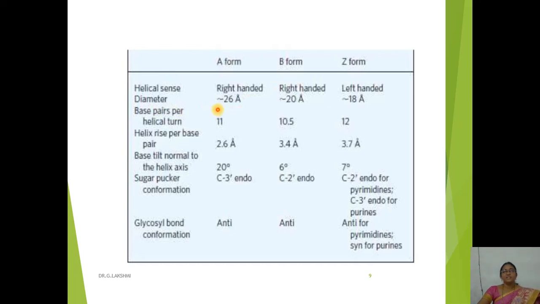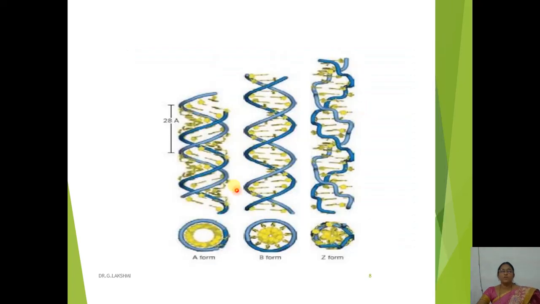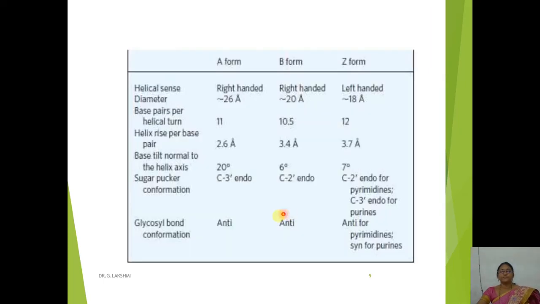What is diameter? The width of the DNA molecule is nearly 26 angstroms for A form, 20 angstroms for B form, nearly 18 angstroms for Z form. So width is nothing but the diameter. This varies from one form to another form. For B form it is 20 angstrom.